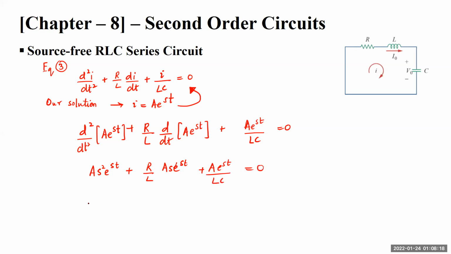So what can we take common? We can take common A e power st. We are left with s square plus R by L into s plus 1 by LC. This is what we are left with.